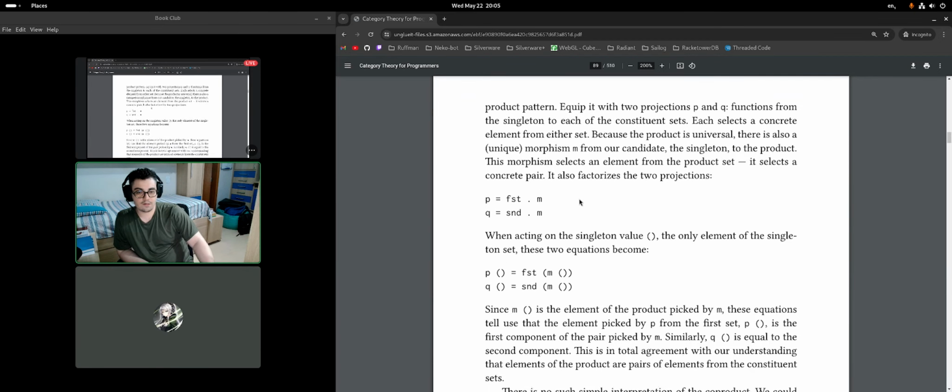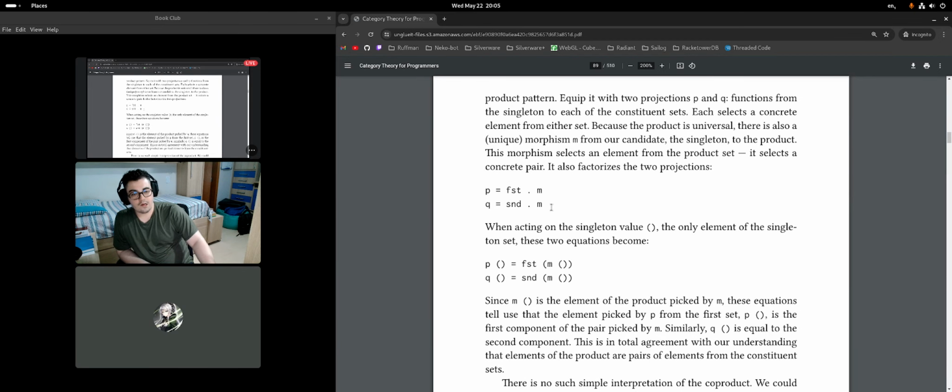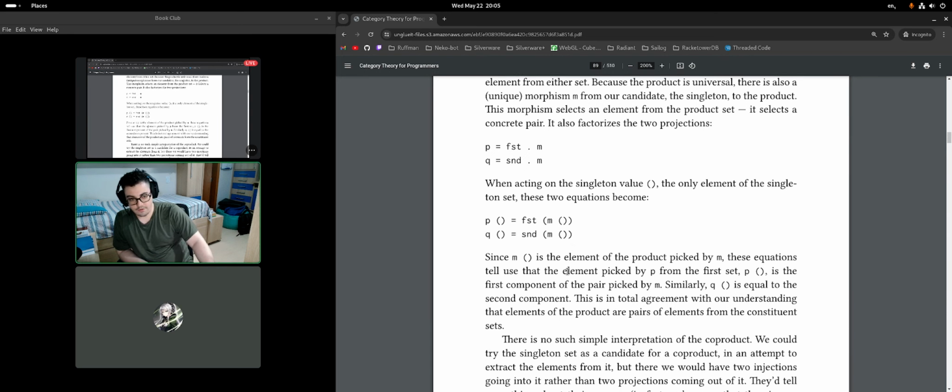He also provides an example of how you can view products. Before, when we were doing the universal construction for products, he gave us the example of a triple, and why a triple is worse than a pair. Here he's doing the opposite.